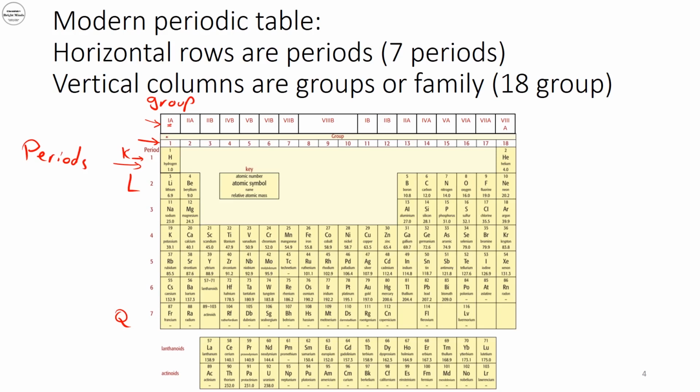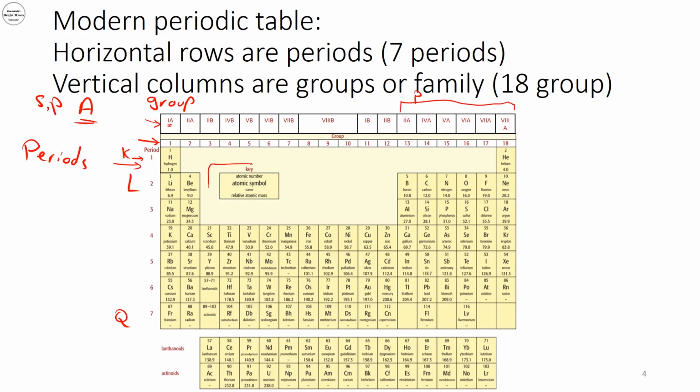This numbering names the s and p orbitals as A groups. So I have here 1A, 2A, then because from group 13 up till 18 we fill the p orbital with 6 electrons, we name those groups 3A, 4A, 5A, 6A, 7A, and this group 8A we name the noble gases.